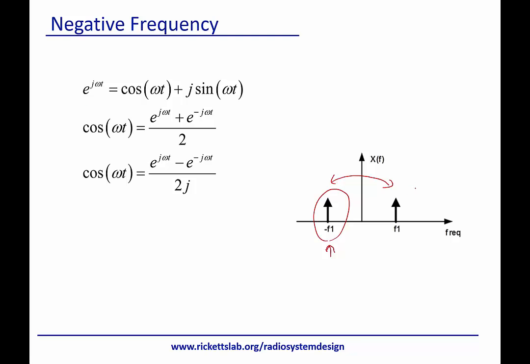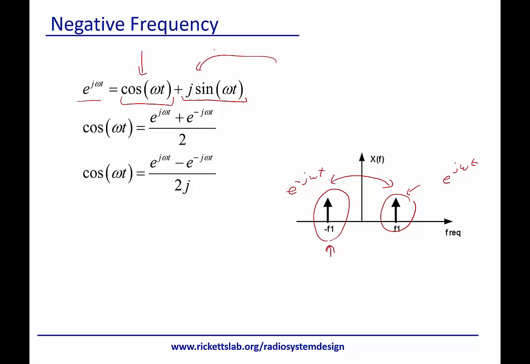If you think about these as plotting e to the j omega t, and this is e to the minus j omega t, right? We know that e to the j omega t is cosine omega t plus j sine omega t. So if I just had one of these, this is what I would get.